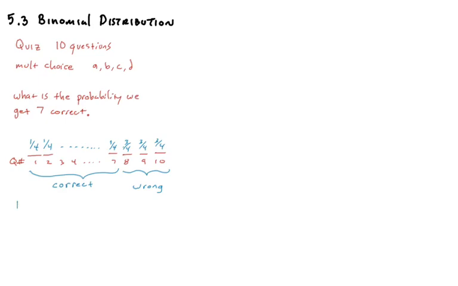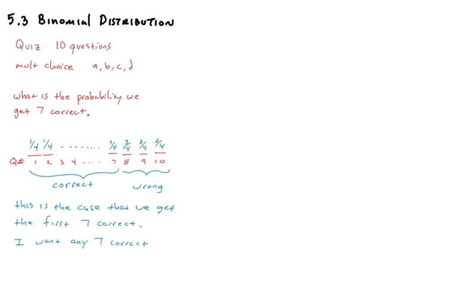Now, this is very specific. This is the case where we get the first 7 correct. We want any 7, right? I want any 7 correct, not just necessarily the first 7.